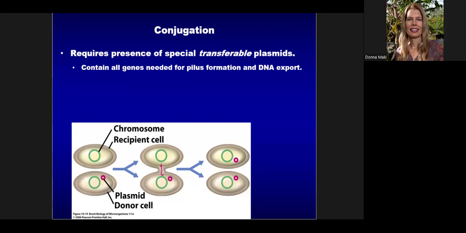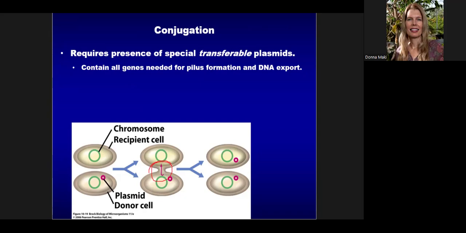They have all the information necessary to build the pilus, plus allow for the transfer of part of that plasmid. Now you see a mock-up of two cells, not quite as dramatic a length of pilus there, but they're trying to show that tunnel or the pilus structure.